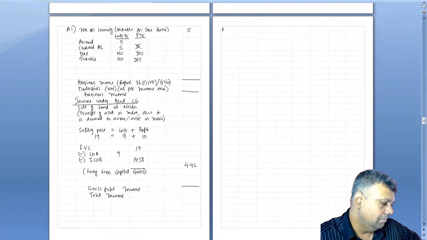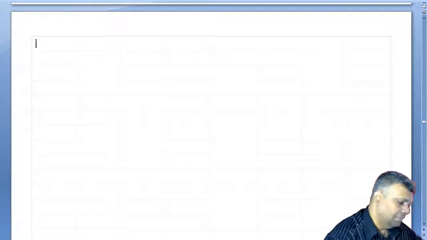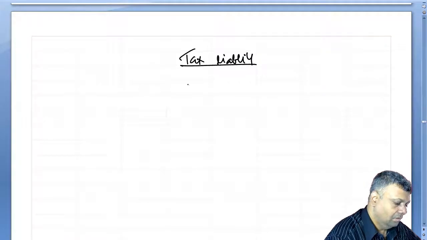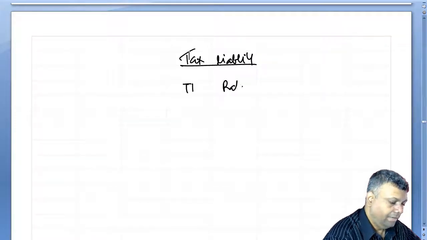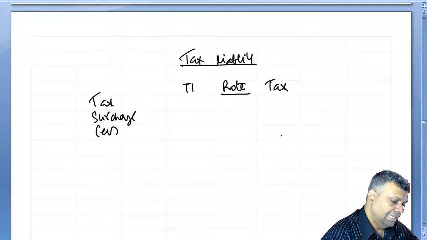So I will again update my structure of the answer. Tax liability calculation. There were total income, rate, and the tax amount. Surcharge on merits, cess.